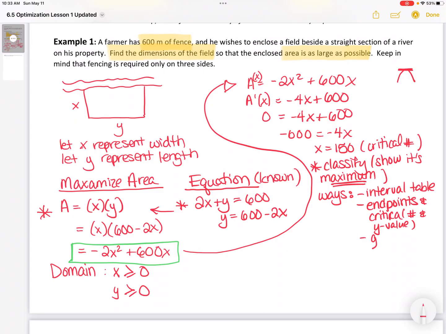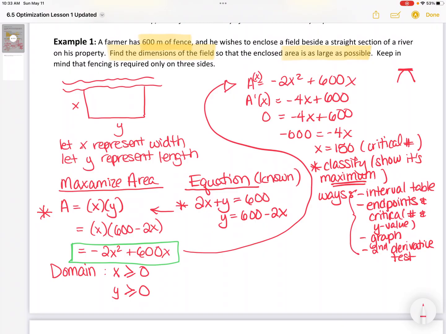Another way would be to describe or show the graph, showing that this is a parabola, it opens down, so therefore it must be a maximum. Another way would be the second derivative test. We didn't really go through this, but I did refer you to it in our lesson the other day to take a look at in the textbook. So any of those ways, you can show that it's a maximum.